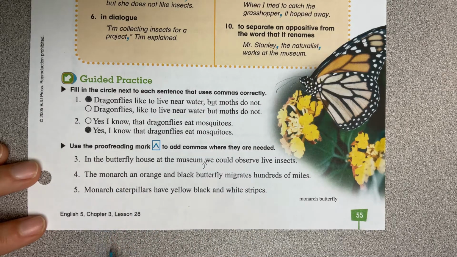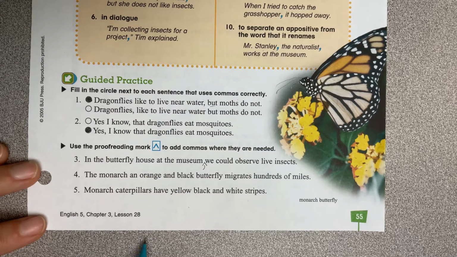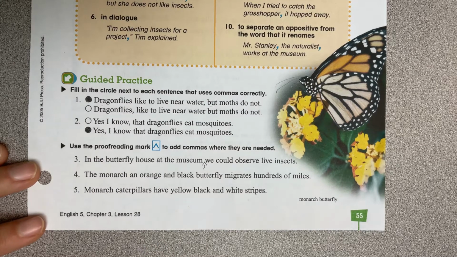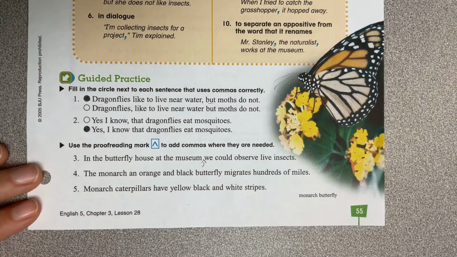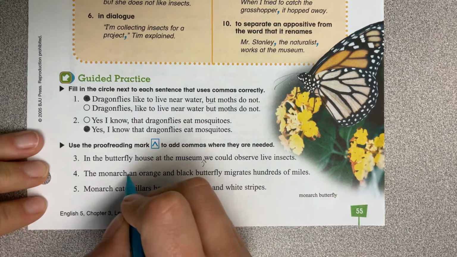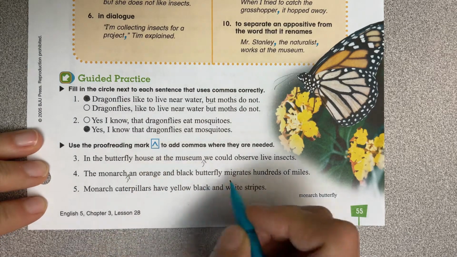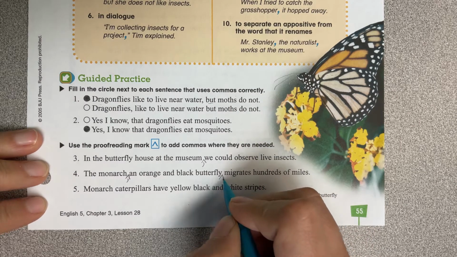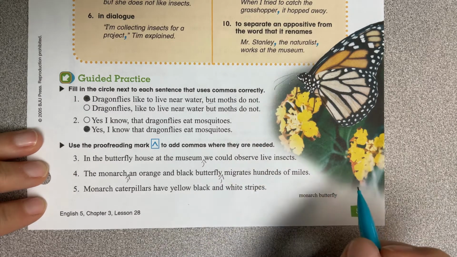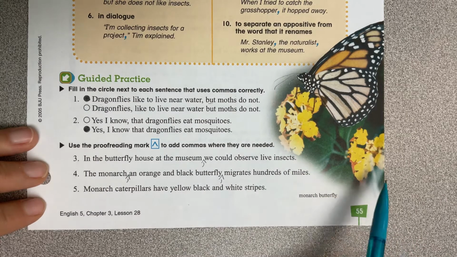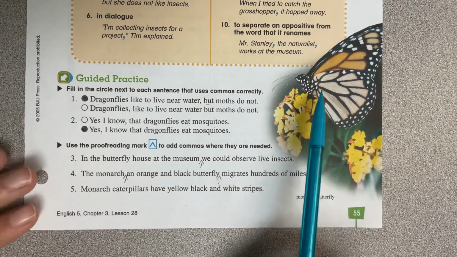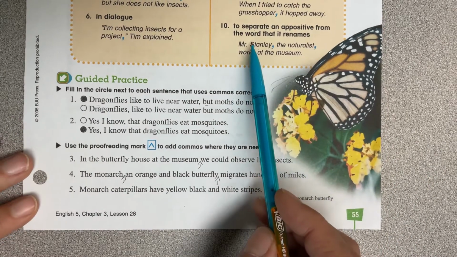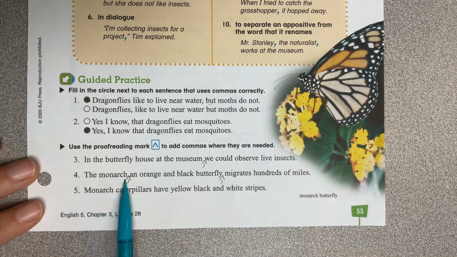Number 4 says, the monarch, an orange and black butterfly, migrates hundreds of miles. So for number 4, we're actually going to put our commas after monarch, and then the second place we're going to put it is between butterfly and migrates. And we do this because, in a sense, they're using rule number 10 to rename what the monarch is.